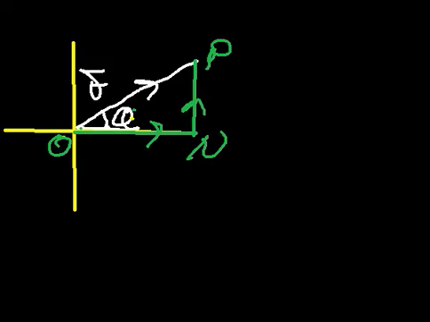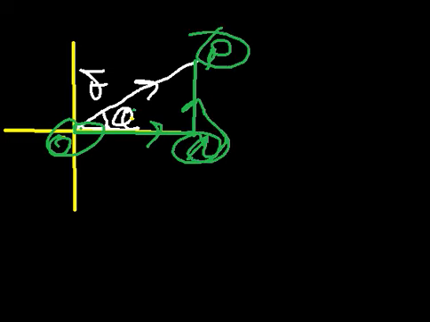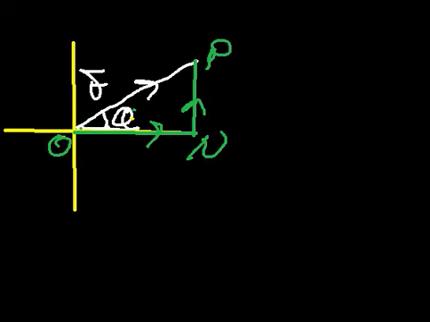It means instead of having a direct path from O to P, we can have some other alternatives. We can move from O to N and then from N to P. So what are those alternatives? ON as well as NP are said to be the components of the vector F.